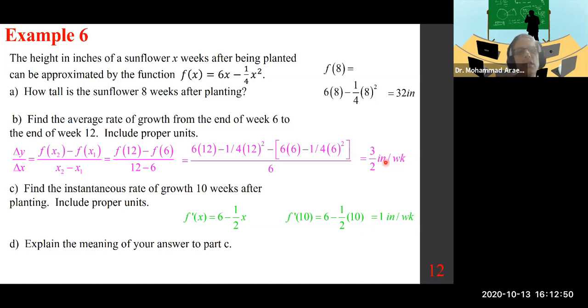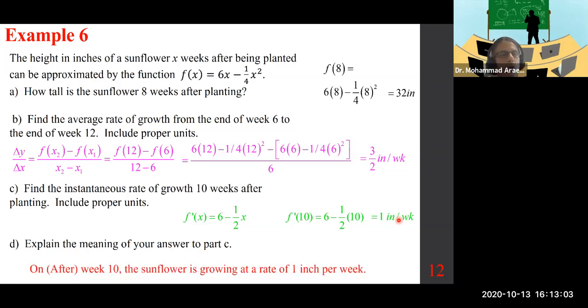The units for the average growth and the instantaneous growth are the same. So what does it mean? That's important to do and understand the interpretation. On or after week 10, the sunflower is growing at a rate of 1 inch per week.